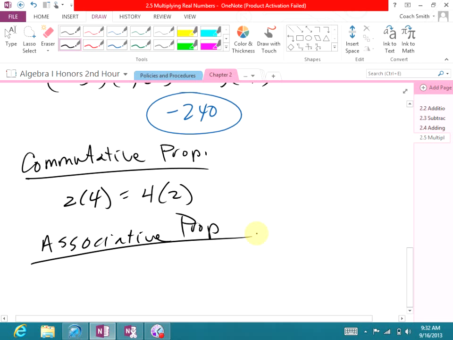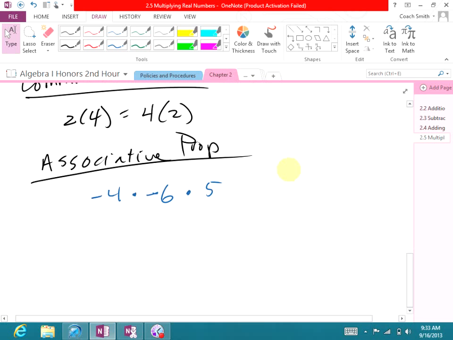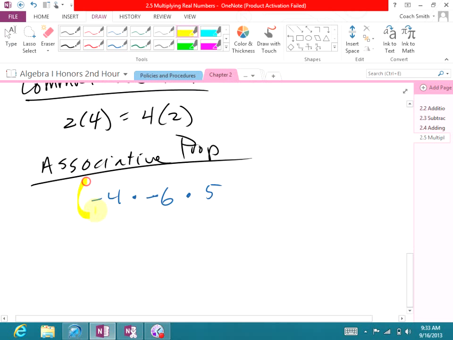The associative property says this. If I'm multiplying -4 times -6 times 5, well, it doesn't matter. The associative property says it doesn't matter if I do those 2 numbers first or if I did this.